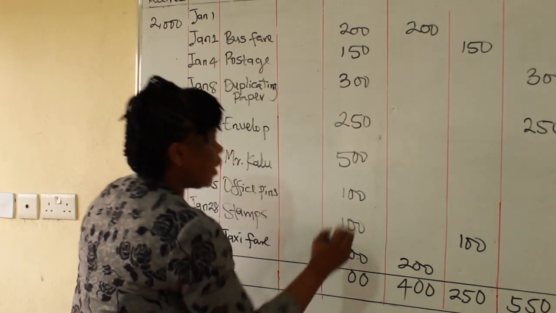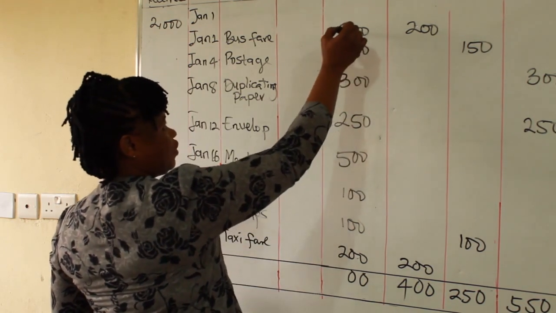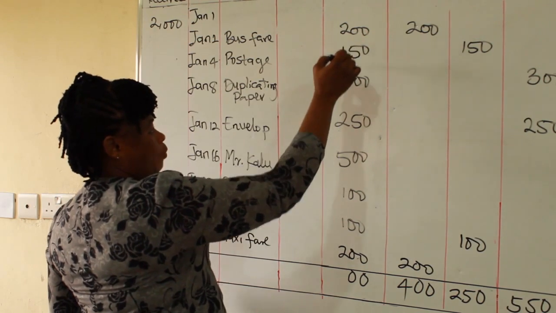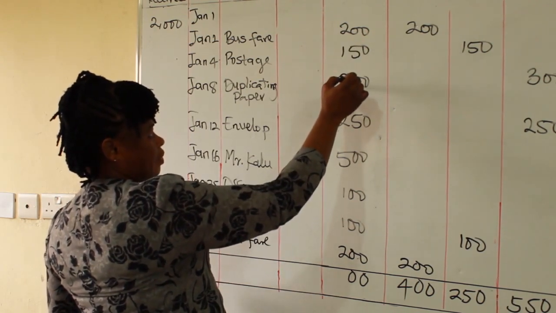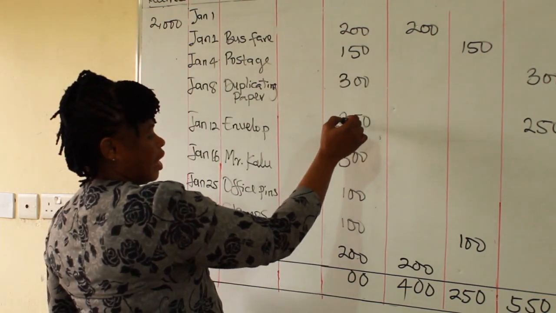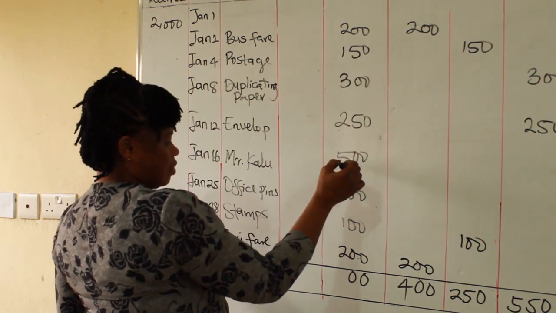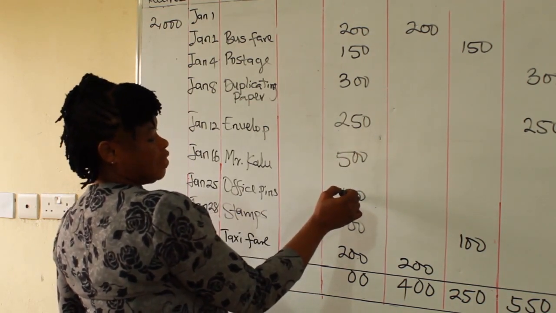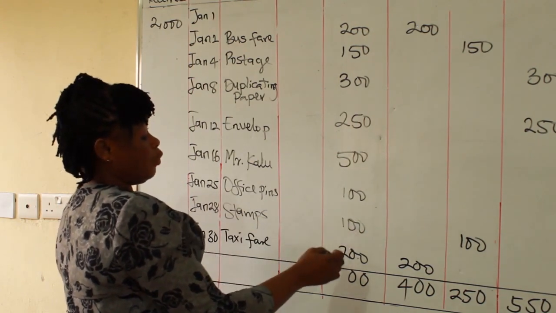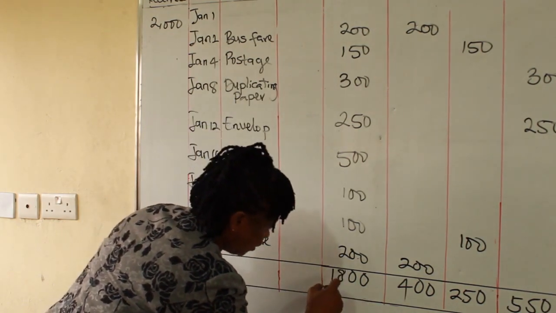Therefore, write 0 and carry 1. 1 plus 2 will give us 3. 3 plus 1 will give us 4. 4 plus 3 will give us 7. 7 plus 2 will give us 9. 9 plus 5 will give us 14. 14 plus 1 will give us 15. 15 plus 1 will give us 16. And 16 plus 2 will give us 18. We'll write 18.